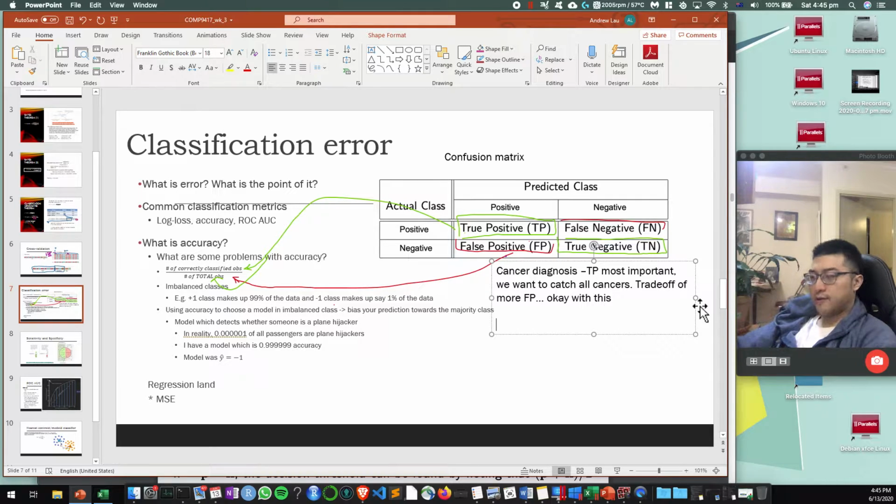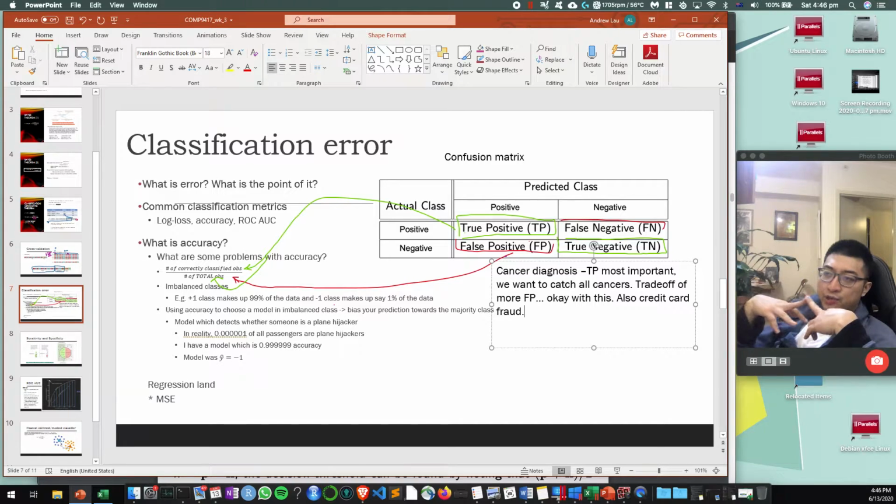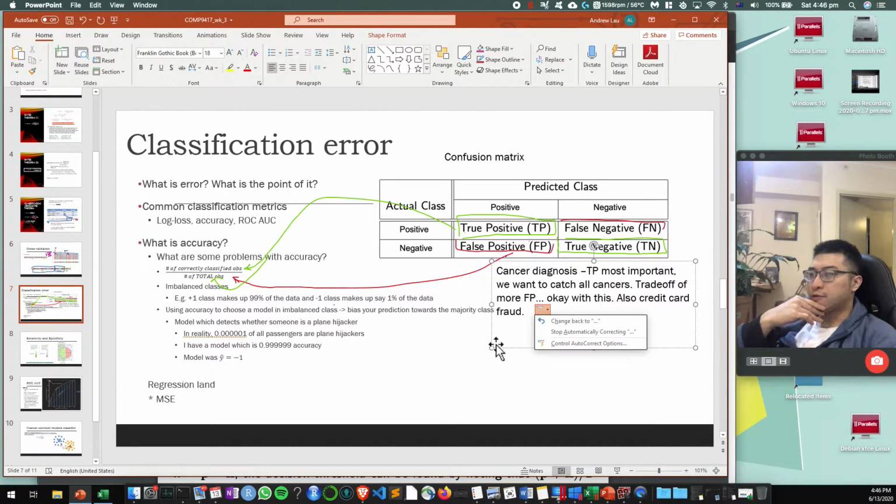Actually no, I think credit card fraud would probably fall into here as well. Maybe you're okay with some false positives, but you really want to make sure you got a high true positive rate. You want to capture all the actual fraudulent activity. Struggling to think of more examples, but I'm just going to leave it at that.